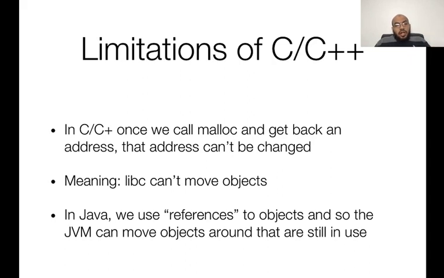On the other hand, Java runs on top of the Java virtual machine, which is sort of a mini operating system running on top of the operating system that can do fine-grained memory allocation, deallocation, movement, and fragmentation for a single Java program. So it's not across the whole memory.